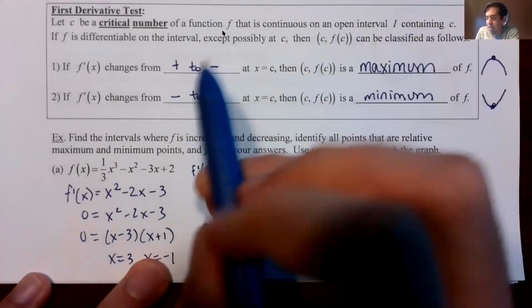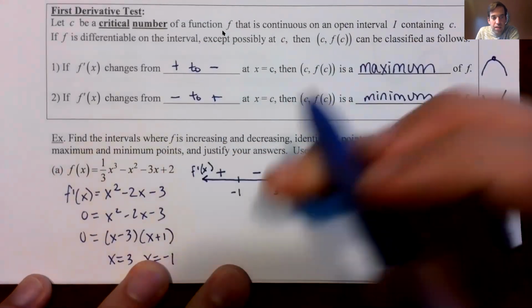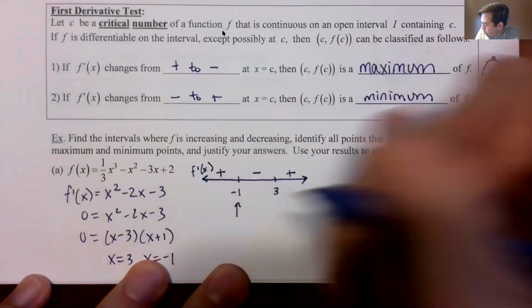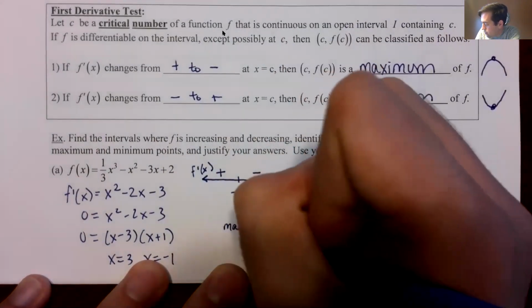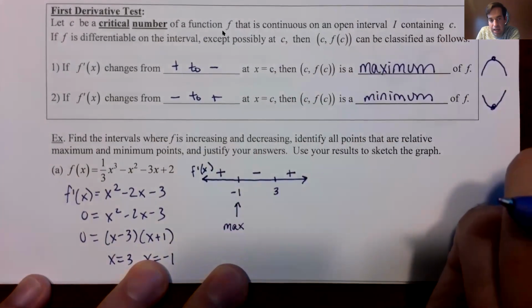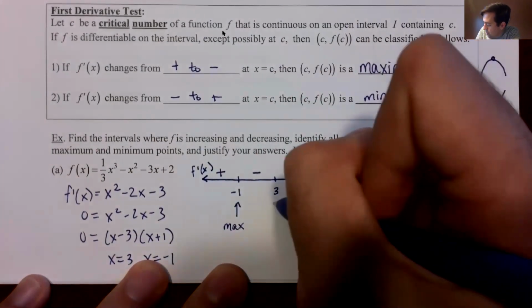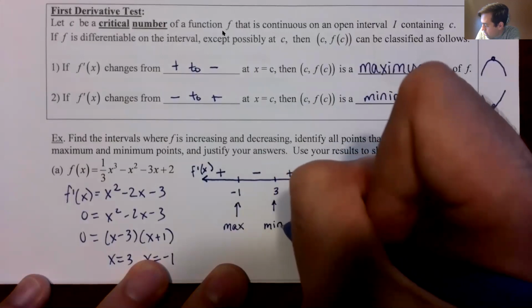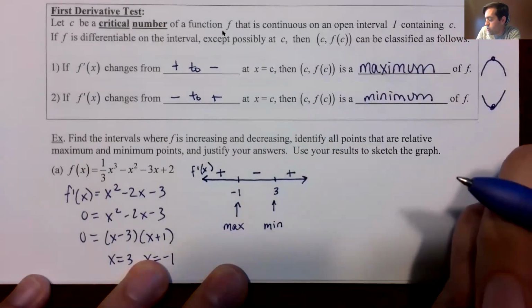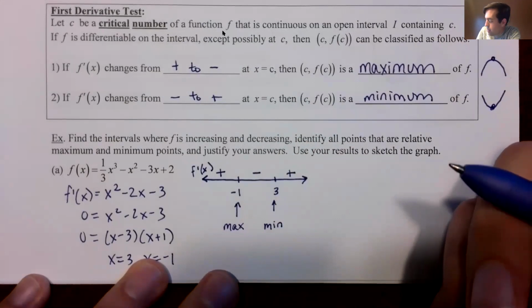And so if we take a look back up at our rules here, that means that this -1 is a maximum because it changes from positive to negative. And the 3 on the original function's graph is going to be a minimum because the slope changes from negative to positive.